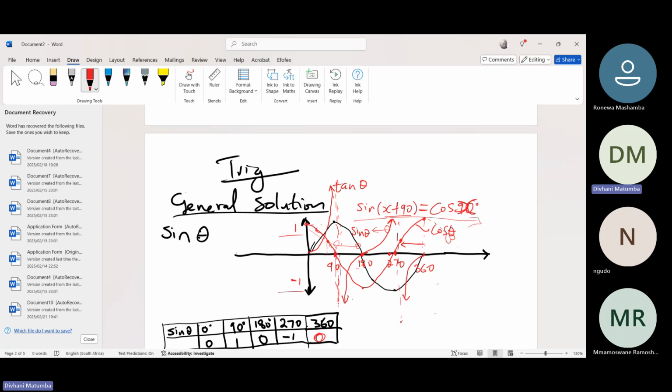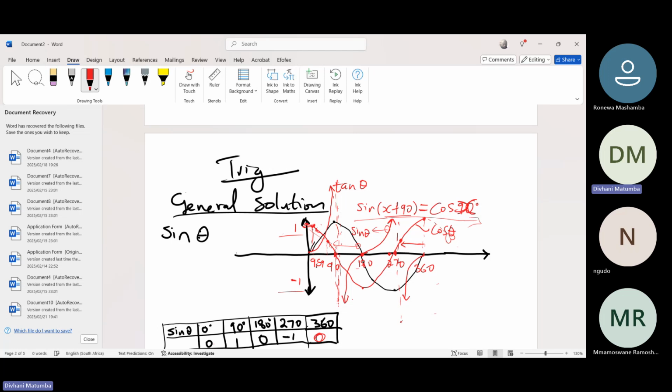If you say the cos of 0.9, 0.9 is around here. So if I draw a horizontal line, it is going to cut somewhere there where your angle will be 9.59.